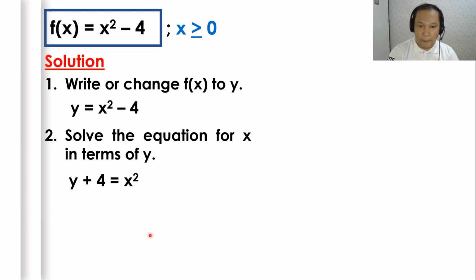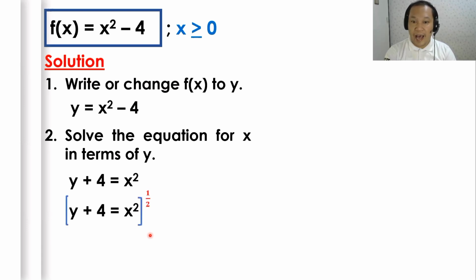And then y plus 4 is equal to x squared will be multiplied by the inverse of the exponent 2. That is raised to 1/2.